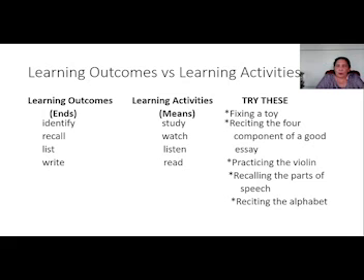Fixing a toy. What's that? Activity or outcome? All right, activity. Reciting the 4 components of a good essay. Reciting the 4 components, with an S, please, of a good essay.